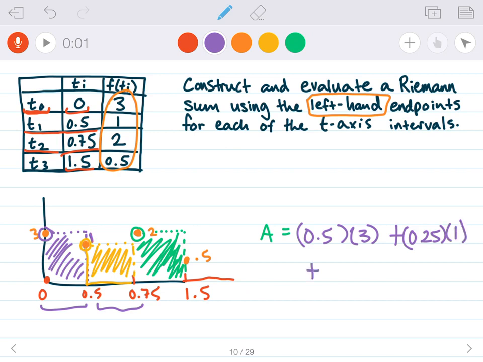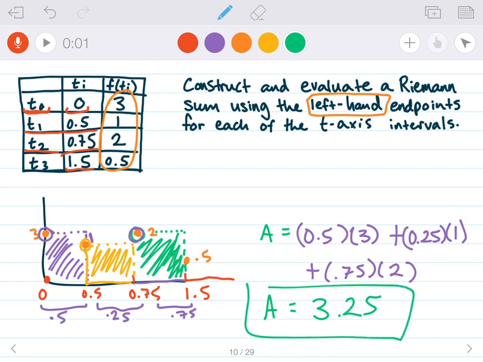Plus, the width between 0.75 and 1.5 is 0.75, times the height, which is 2. Altogether, if we sum this up, we get 3.25. This question is just asking for the left-hand sum, so that's all we have to do there.